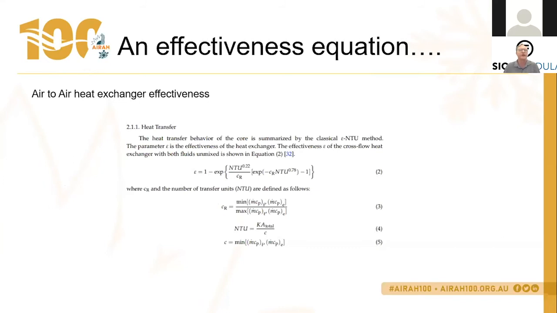The air-to-air heat exchanger effectiveness is based on the heat transfer and the actual volume and transfer between the particles of the supply or outside air and the exhaust air across that heat exchange medium in the air-to-air heat exchanger.